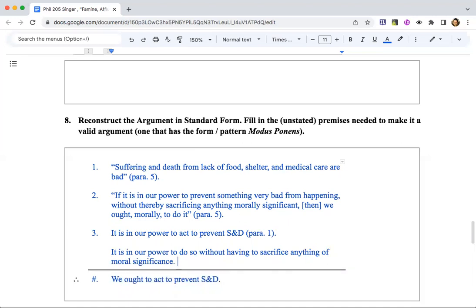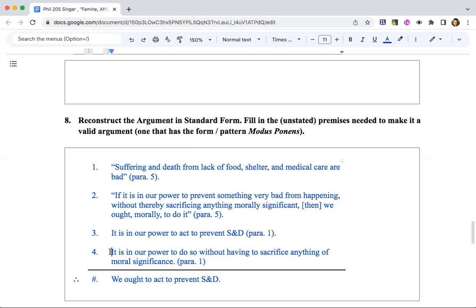Is having a fancy new opera house, which is itself a piece of art, plus a space for art, morally significant? I think there's reasonable grounds for talking about that. So I'm not sure if he specifically addresses this, but paragraph 1 does present some support for thinking it is in our power, and we are making choices to use our resources on things that are not morally significant, even by our own lights.